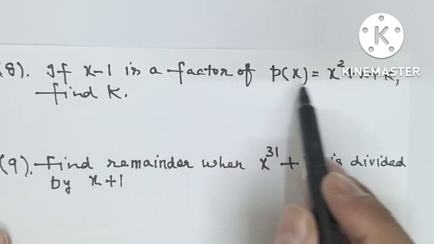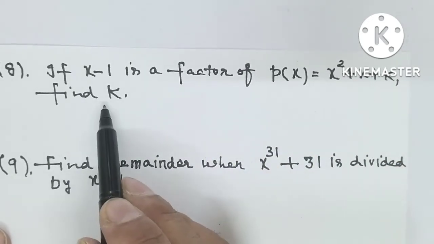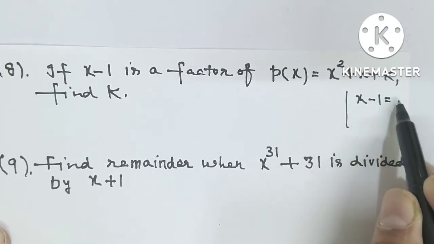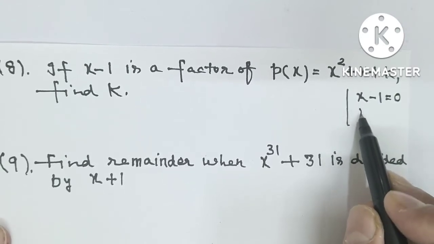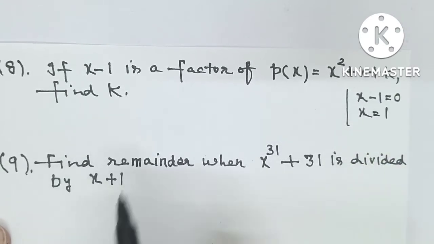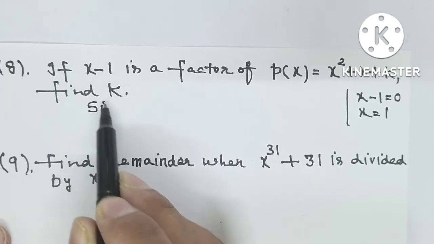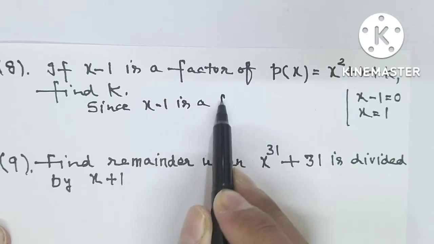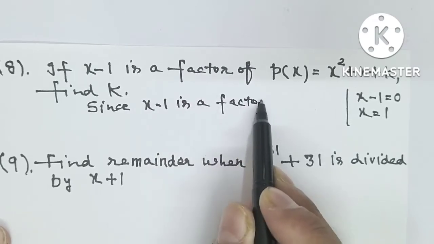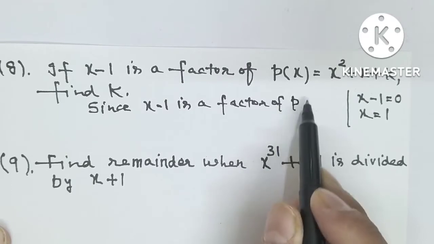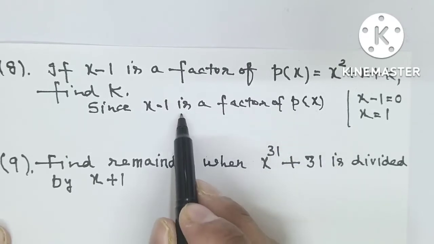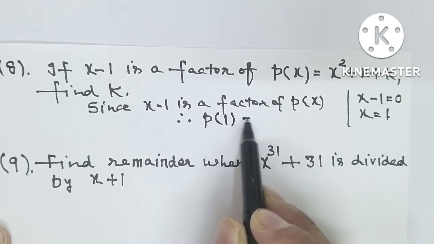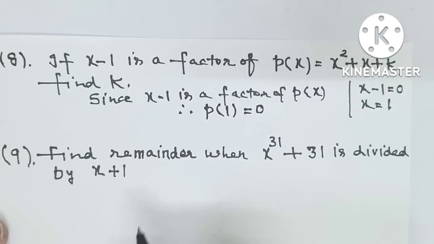Now we will do question number 8. If x minus 1 is a factor of this polynomial, then find k. So if x minus 1 is a factor, we can equate x minus 1 to 0. So x will be equal to 1. Since x minus 1 is a factor of p(x), therefore p(1) is equal to 0.